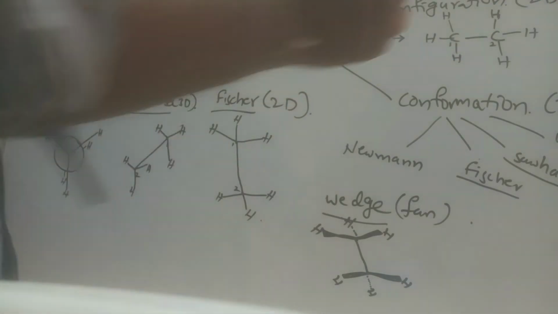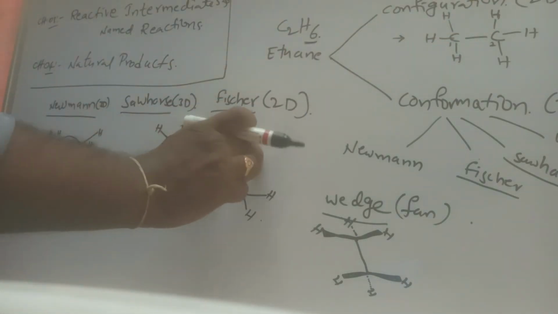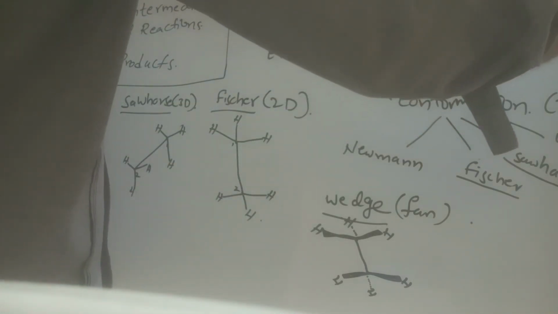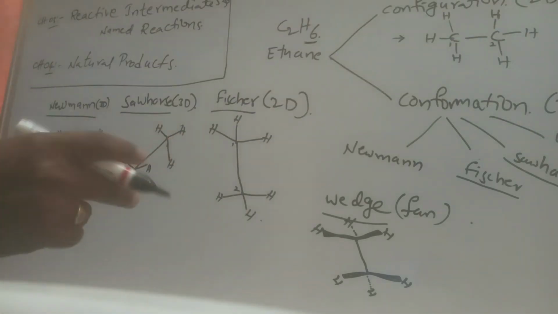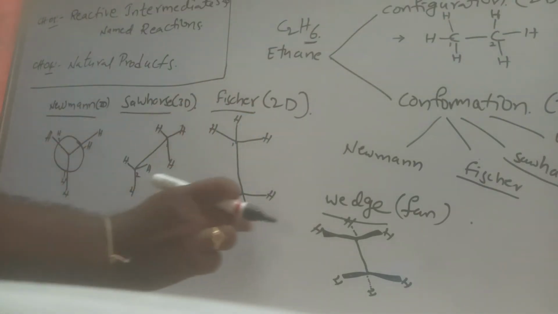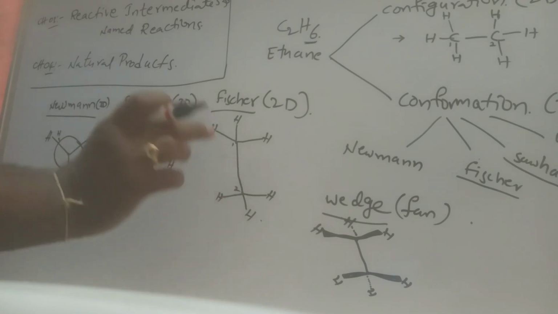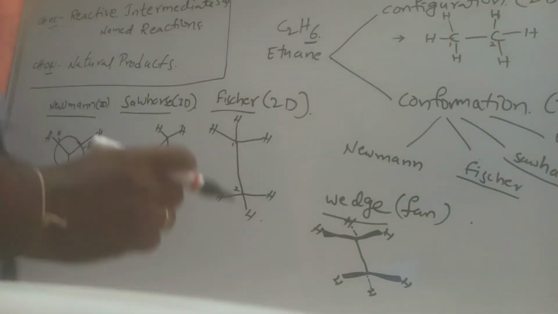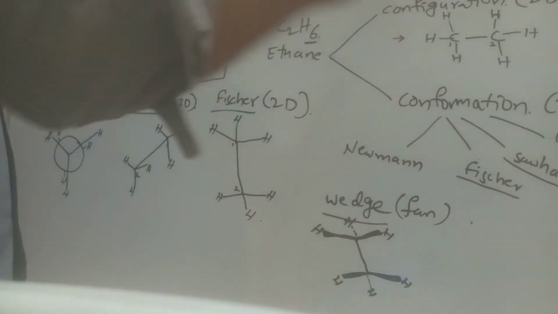Then what is the difference between configuration and conformation? Configuration is displayed in 2 dimensions, and it has high energy, because the entire 360 degree angle place can be occupied, so overall the molecules show some energy. That is the high energy character of the configuration.